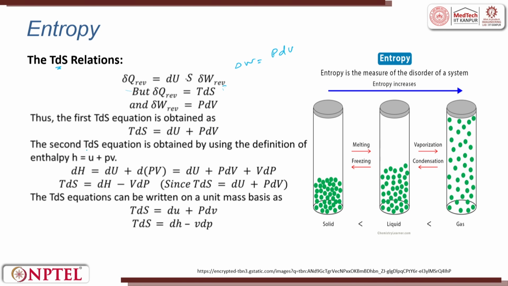The second TdS equation is obtained using the definition of H equal to U plus PV. So, dH is equal to dU plus PdV plus VdP. When you rearrange all of these on a unit mass basis, TdS is equal to dU plus PdV, and TdS is equal to dH minus VdP.